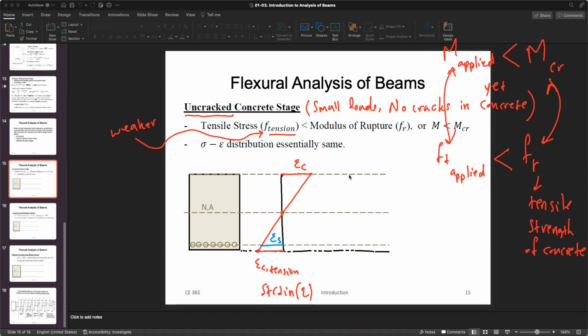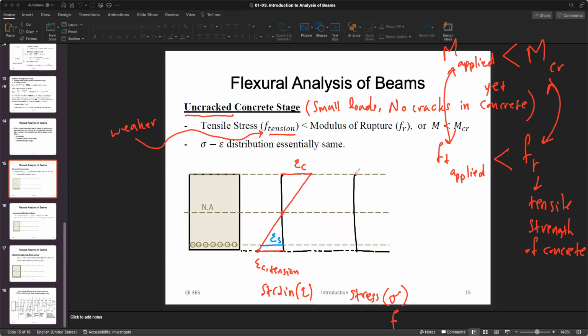Now let's look at the stress. So what would be the stress graph? You show it with sigma, you can show it with f as well, the lowercase f, either way. All right.